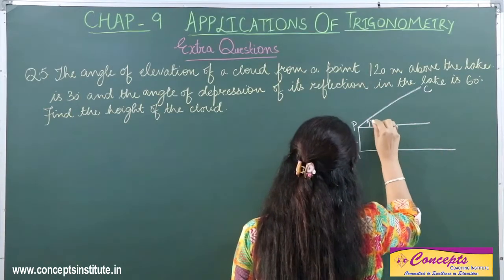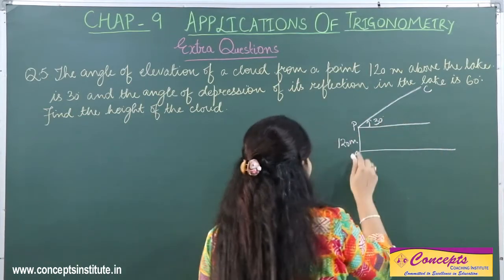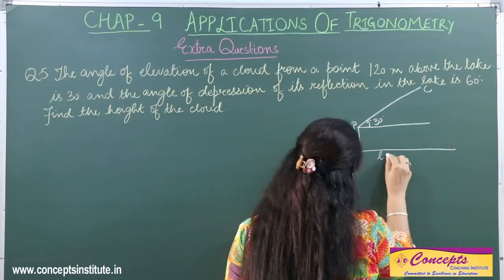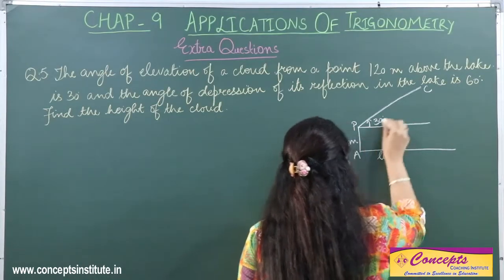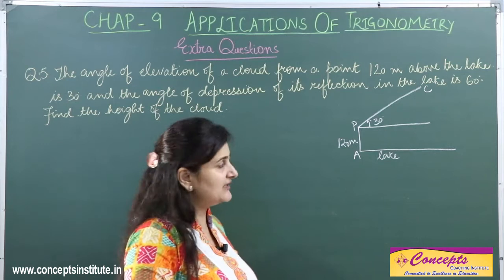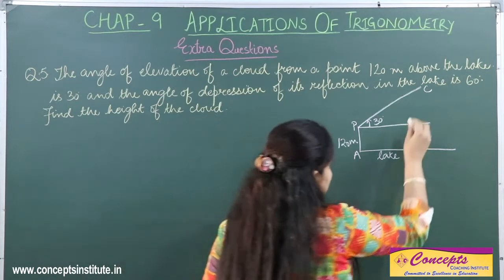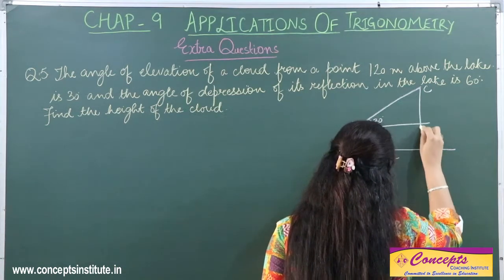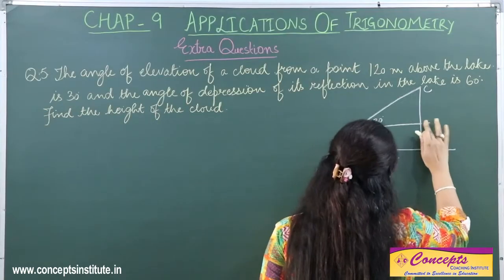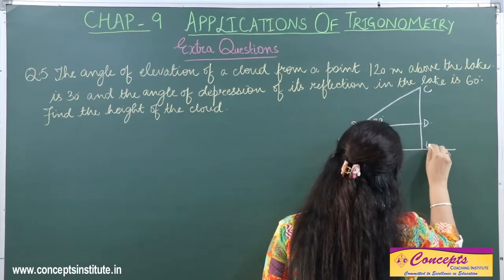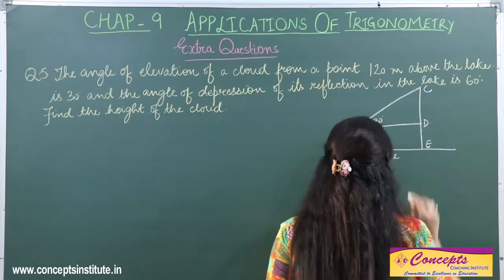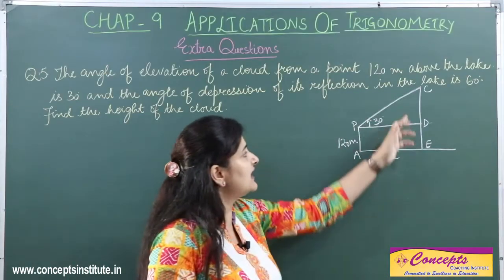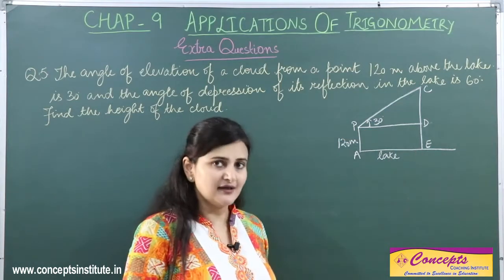So the angle of elevation of this cloud from a point 120 meters above the lake is 30 degrees. Right students? So what is the height of the cloud above the lake? We are supposed to find out CE, that is the height of the cloud above the lake.